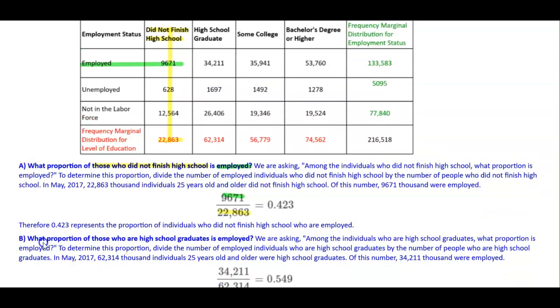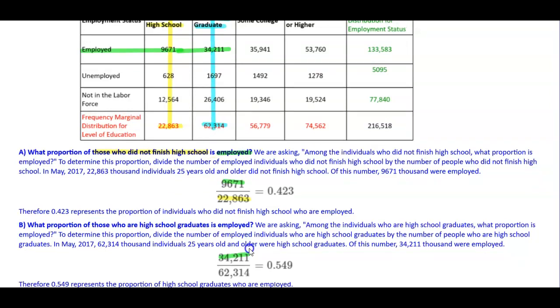The next question says, what proportion of those who are high school graduates is employed? Here is the high school graduate number that is employed: 34,211 represents the individuals who are employed with a high school diploma. We divide it by the total number in that column, which is 62,314.